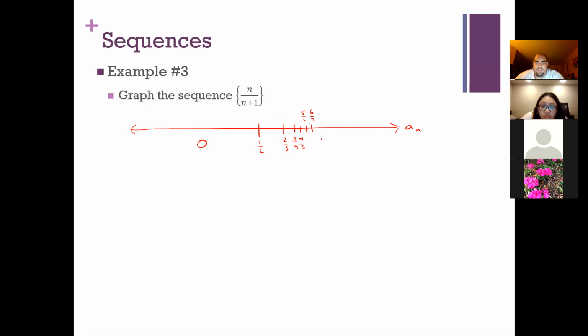And somewhere over here is 1. Am I ever going to have any values in the sequence that are greater than 1? No.